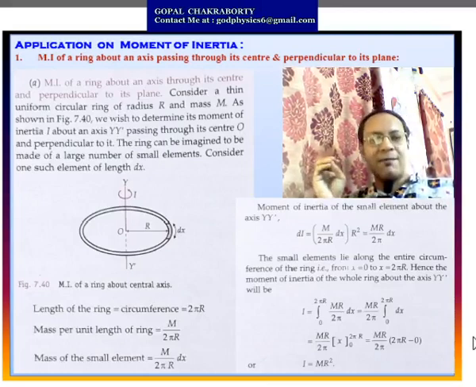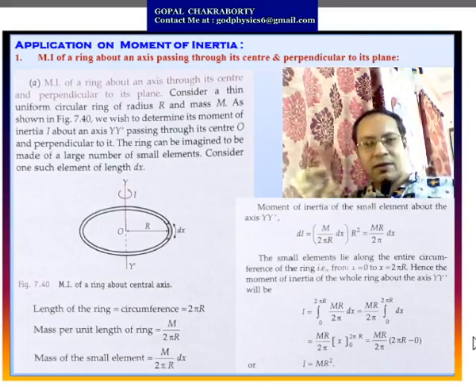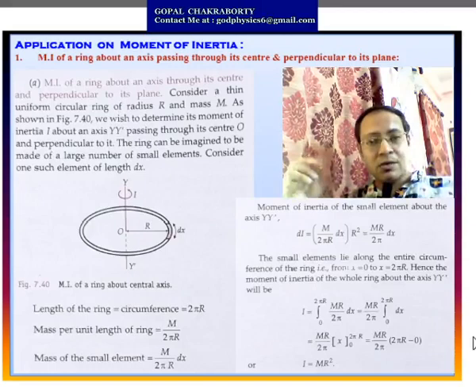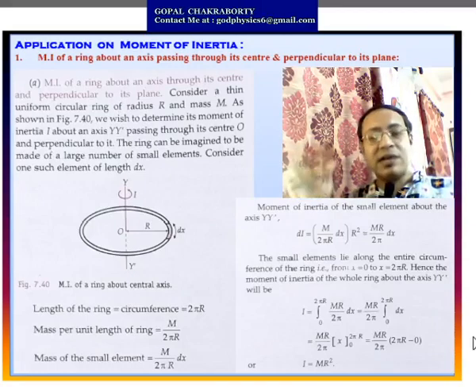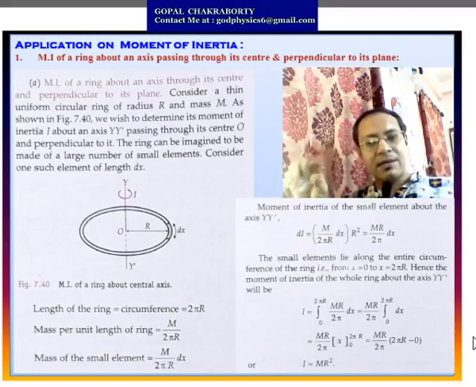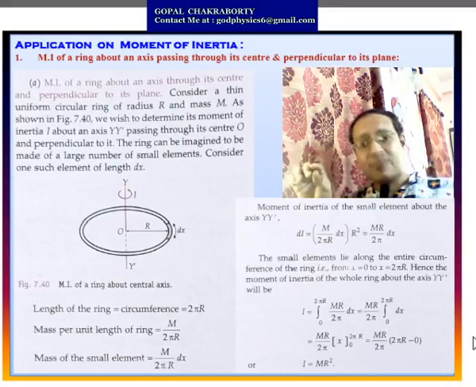For this kind of problem, we consider the ring having some mass, say the mass is capital M. First we consider a small element on this ring and find the mass of that small element. Then we find the moment of inertia of this small element.